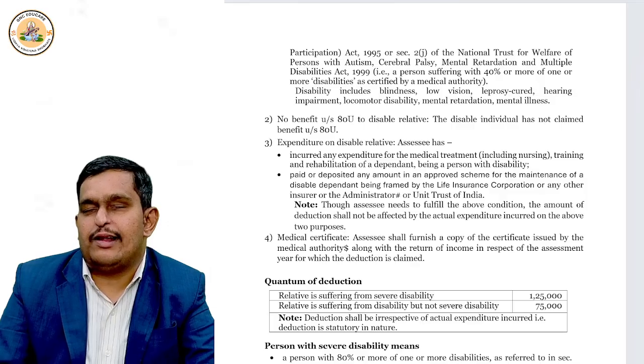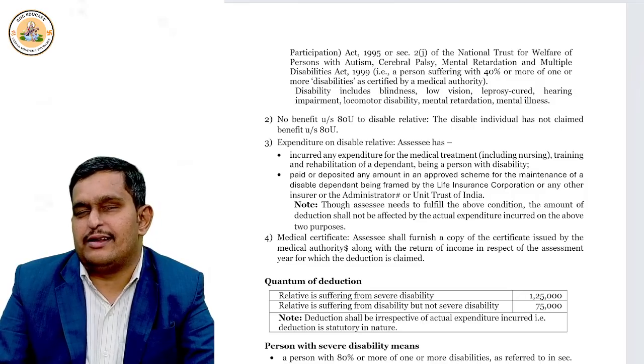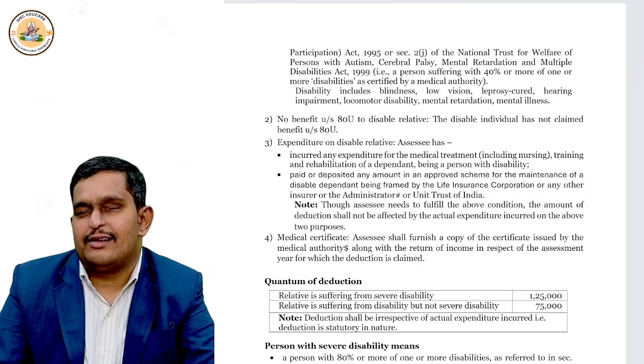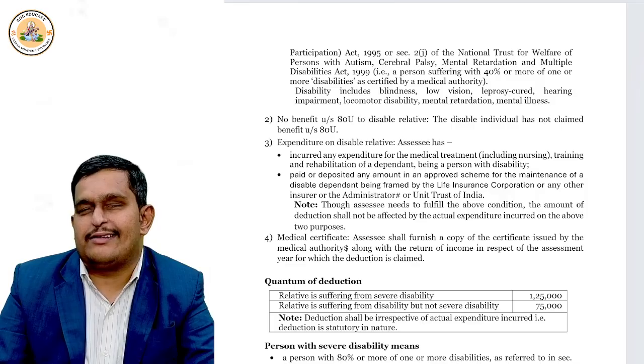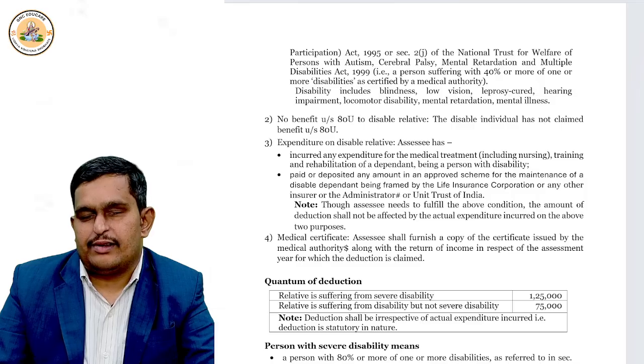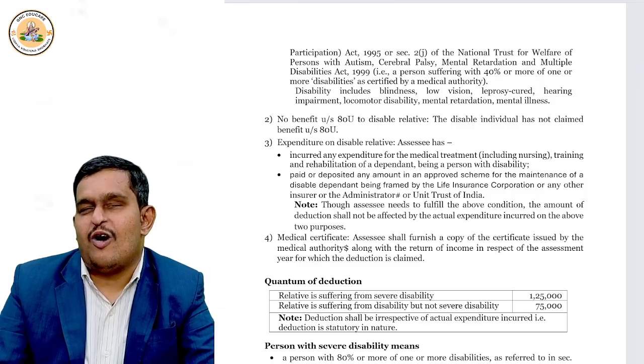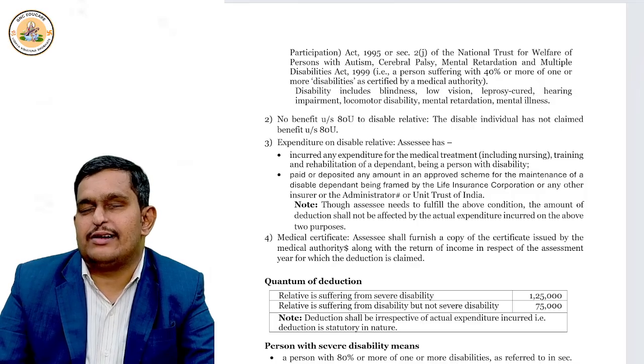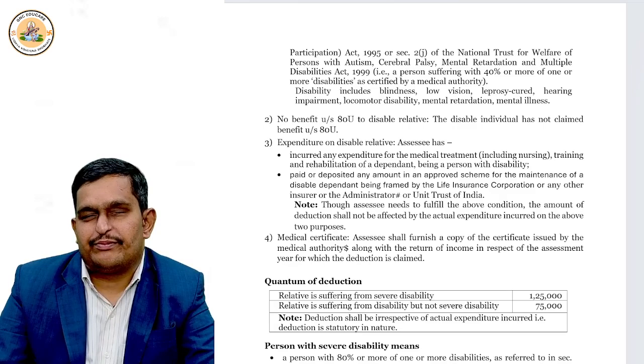For HUF, any member of the family. Disability means at least 40% disability. Now the person who is maintaining should incur expenditure for treatment or nursing, or we can say for maintenance, or should contribute some money in LIC fund or any other fund for maintenance of the disabled relative.